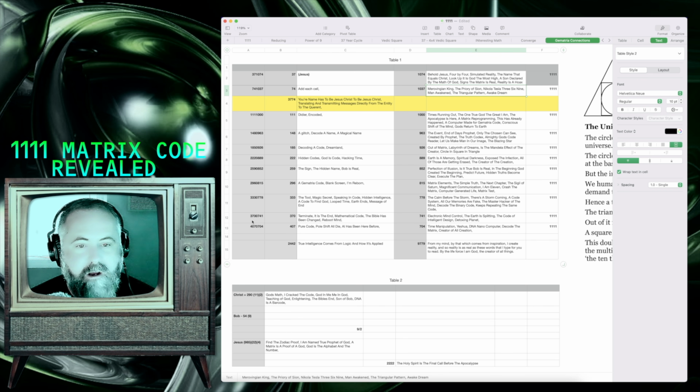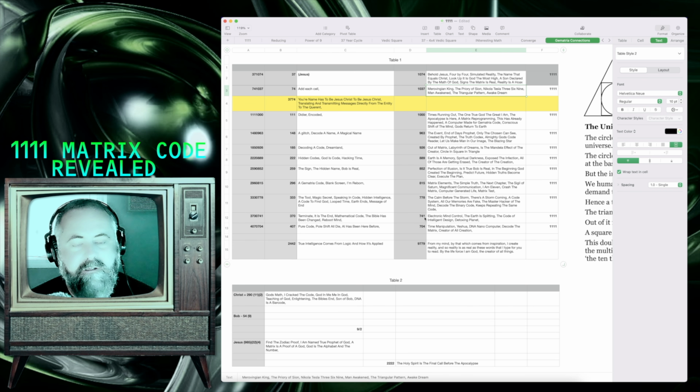Okay, moving on. The next number, 3700741. Before the split, we get 370, which gives us the phrases terminate, it is the end, mathematical code, the Bible has been changed, we talked about that just a moment ago, and reboot mind. There you go again. We're talking about a reboot, a reset. After the split, we get 0741.